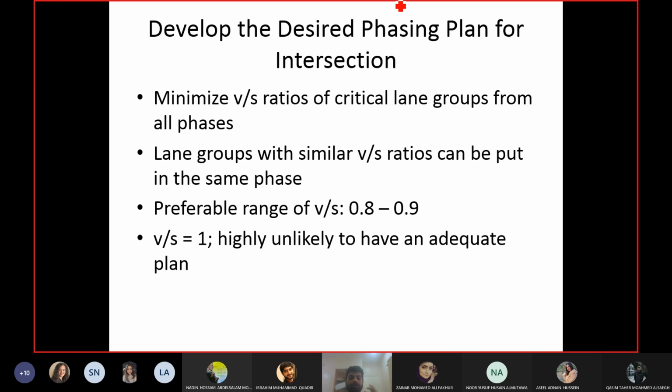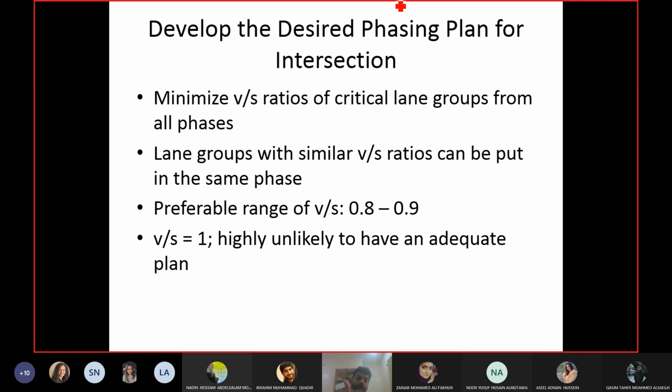Why? What was saturation flow rate? Saturation flow rate is the maximum flow rate you can pass through a lane when you have continuous 1 hour of green. And I think I told you earlier as well, that is a theoretical value, a hypothetical value. Actually, you cannot have 1 hour of green, right?